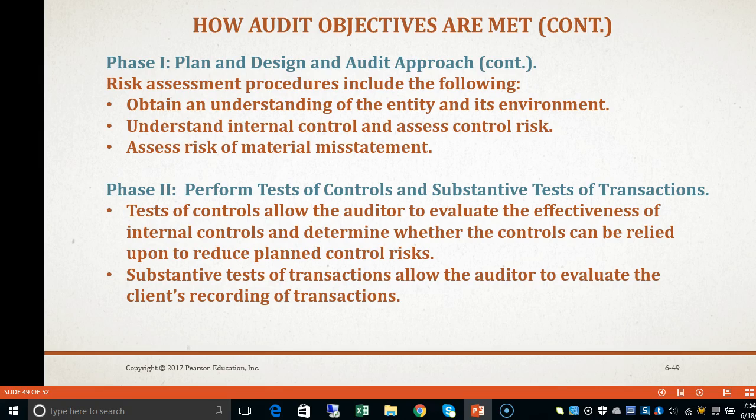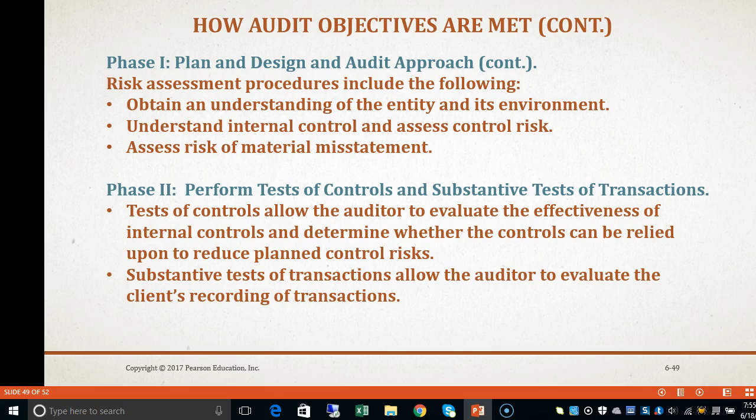For example, an auditor will take a very different approach towards auditing an insurance company versus auditing a retail shop or a small manufacturing company.